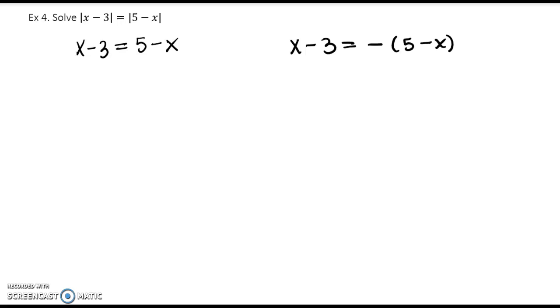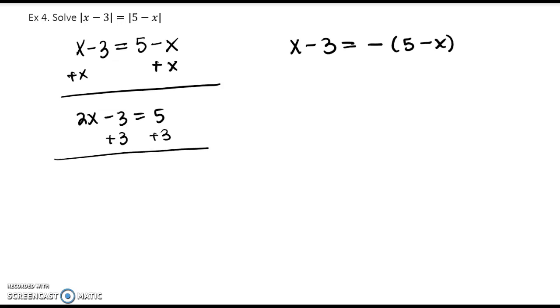Alright, so let's work on the left first. I'm going to go ahead and add x to the other side. I get 2x minus 3 equals 5. And then I'll go ahead and add 3 to the other side. So I get 2x equals 8, divided by 2, x equals 4. So that's our first answer.